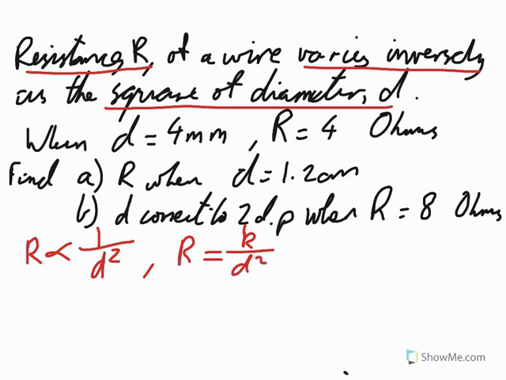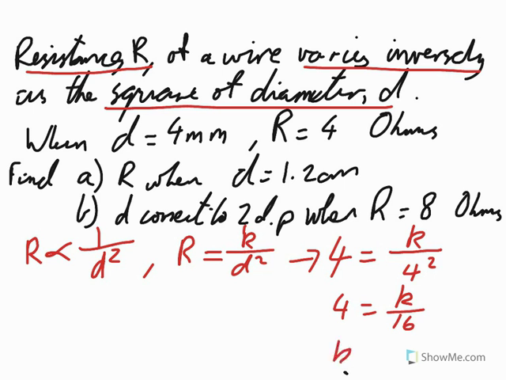Now we've got some information, because we're told that when our diameter is 4, so 4 squared, then our resistance is 4 ohms. So we get 4 equals k on 16, and 4 lots of 16 would be 64, so k equals 64.